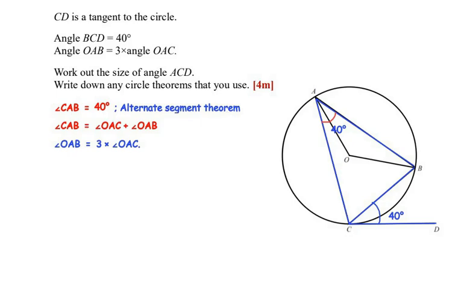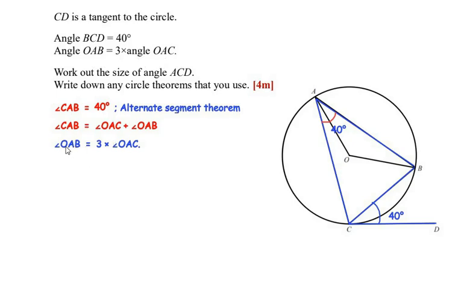Now we can see that this angle CAB is divided into 2 angles. One is angle OAC and the other one is angle OAB. So here we have written angle CAB can be written as angle OAC plus angle OAB. Now in the question it was given that angle OAB is equal to 3 times angle OAC.